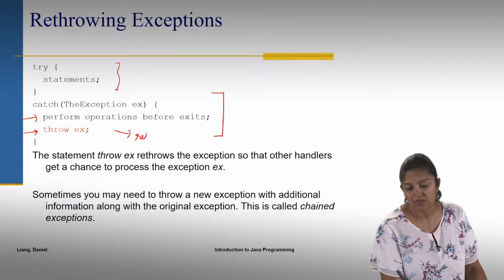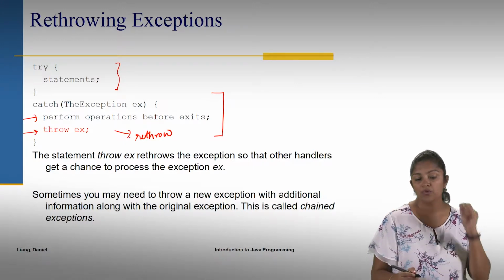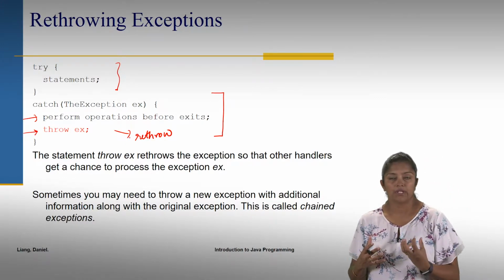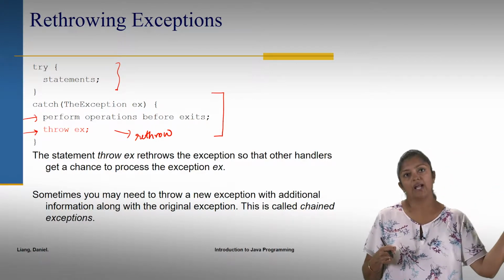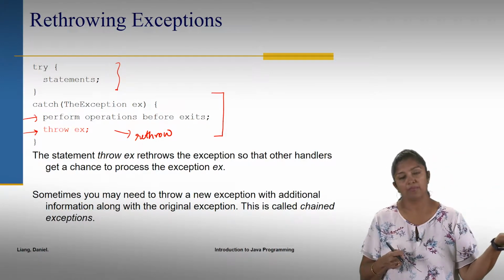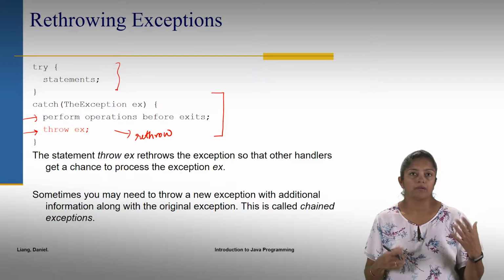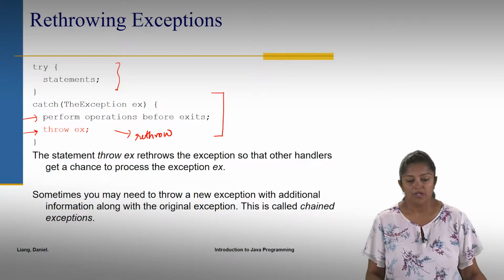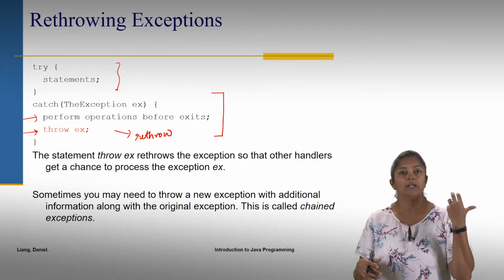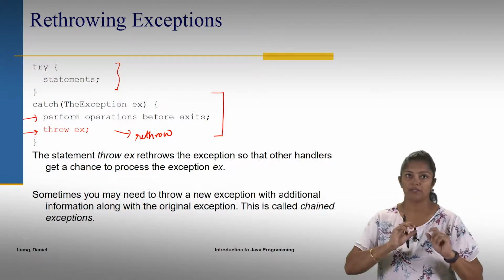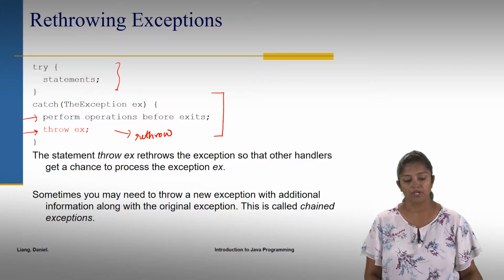It throws that exception object to the caller of the method, so any handlers in that caller method can pick it up and provide additional information. That's the idea of rethrow. We use the same keyword throw again, and after the handling is completed, just throw the exception object.